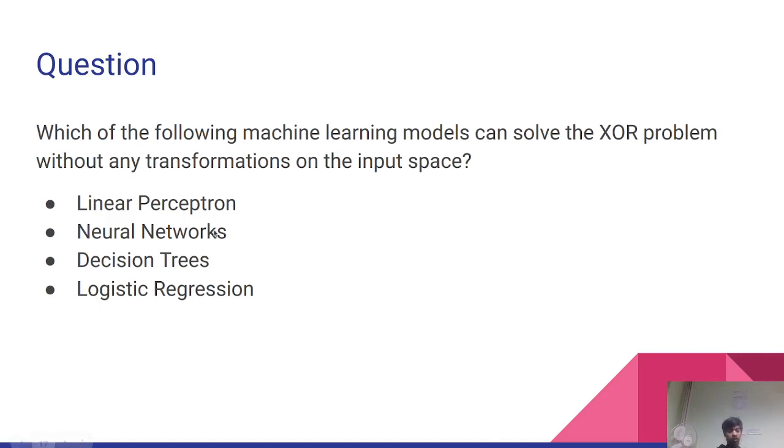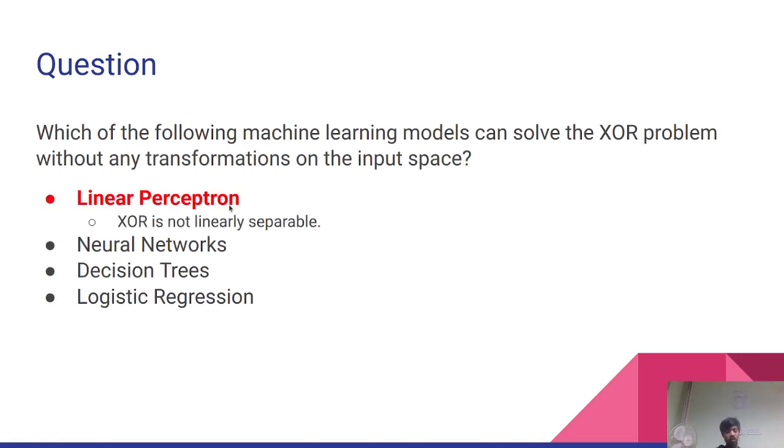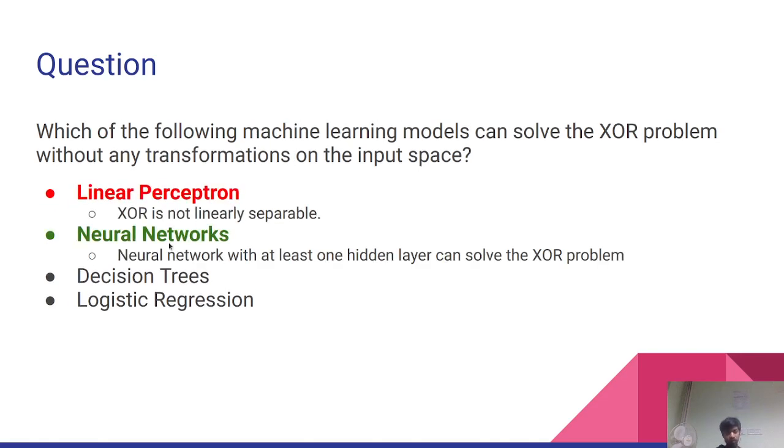It is kind of like multiple linear perceptrons. So in a neural network we have some hidden layer, whereas in a perceptron we don't have any hidden layer, and if we have a hidden layer it can solve the XOR problem, because it can divide the XOR problem into multiple parts, and each of them will be linear.